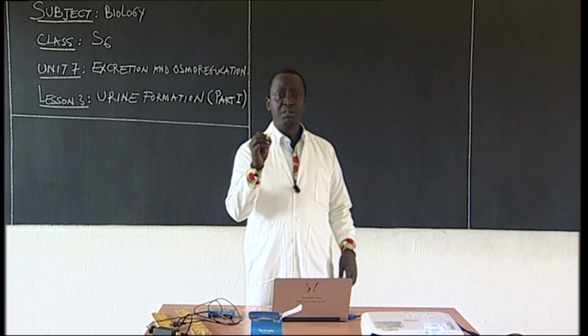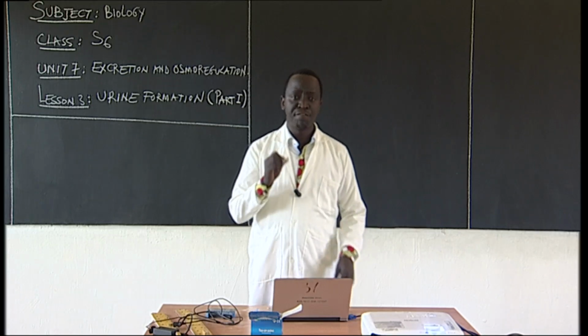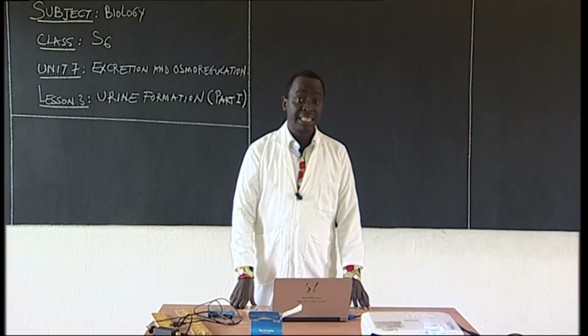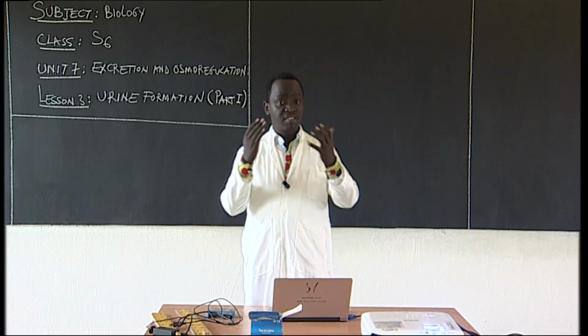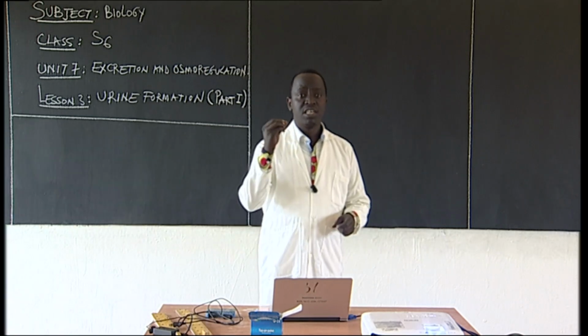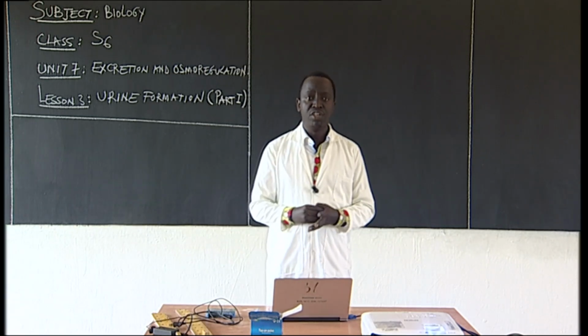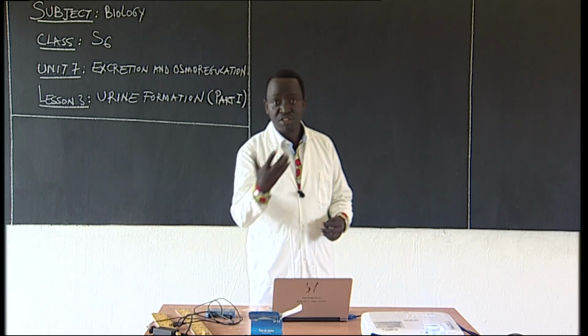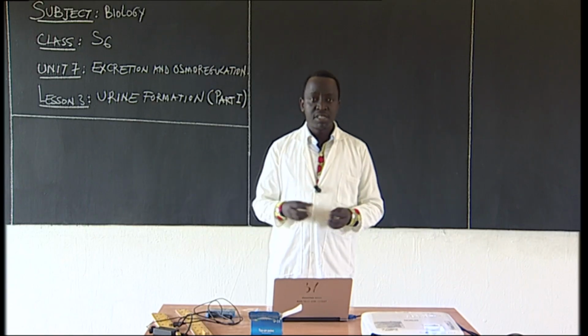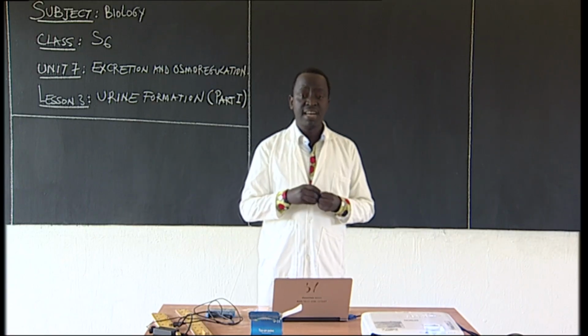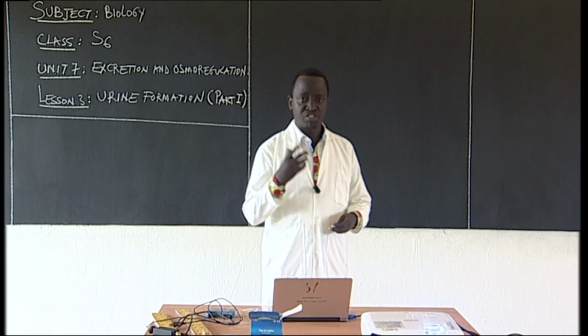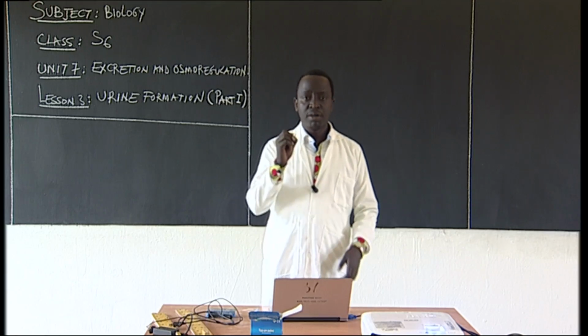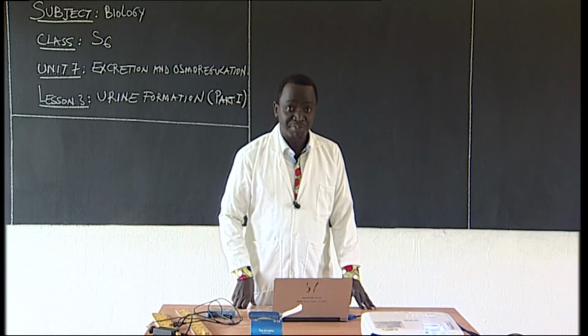Nephron is a structural and functional unit of a kidney. It means, as we have seen, the kidney is an organ involved in the filtration of the blood, but it has parts that deal with that function of excretion and osmoregulation. That part is what you call nephron.